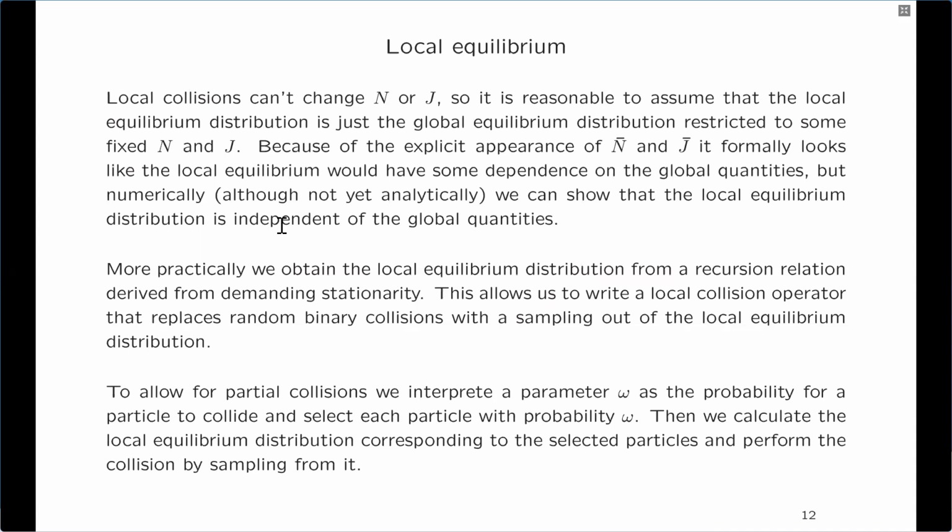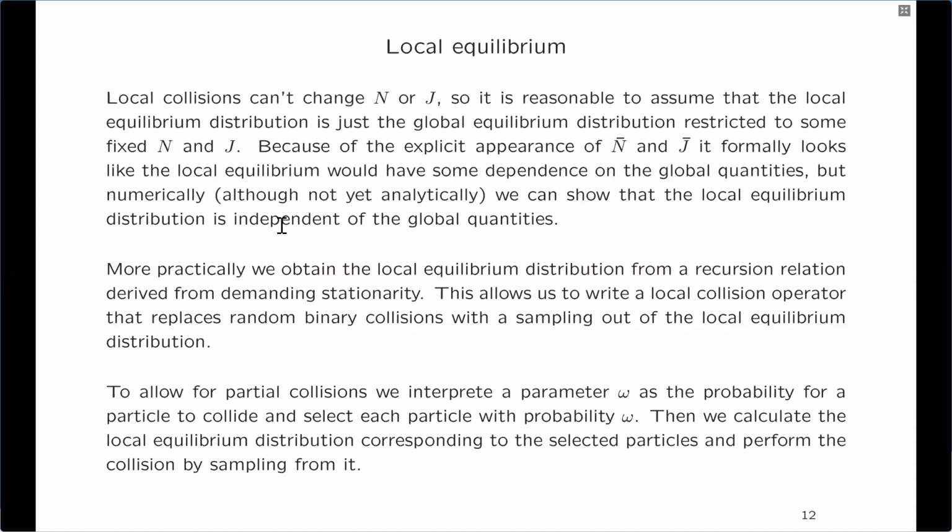So what we did for the first version is we took two particles and collided them at random. This is a very consistent way of doing it, but it's a very slow way. Now we can ask, is there any way we can accelerate it? If you have a local condition, we have a certain total number of particles, total J, right?